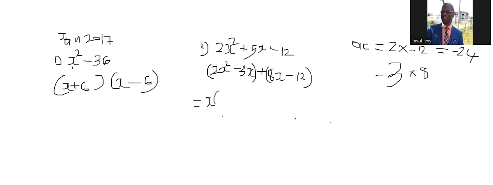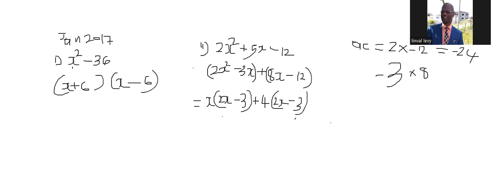We are left with 2x squared divided by x is 2x, minus negative, so 3x divided by x is 3, close bracket. 4 is common here, so plus 4. 8x divided by 4 is 2x. And 12 divided by 4 is 3.